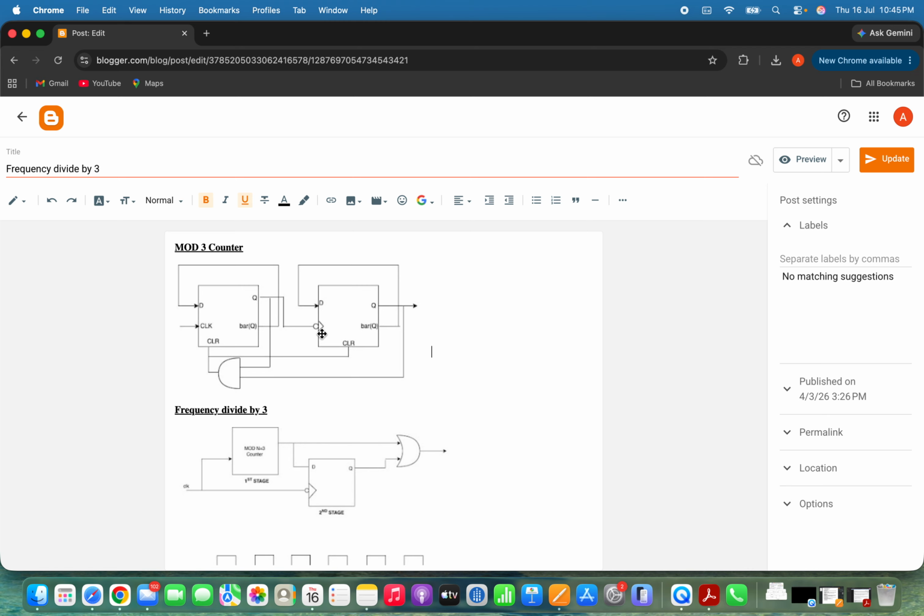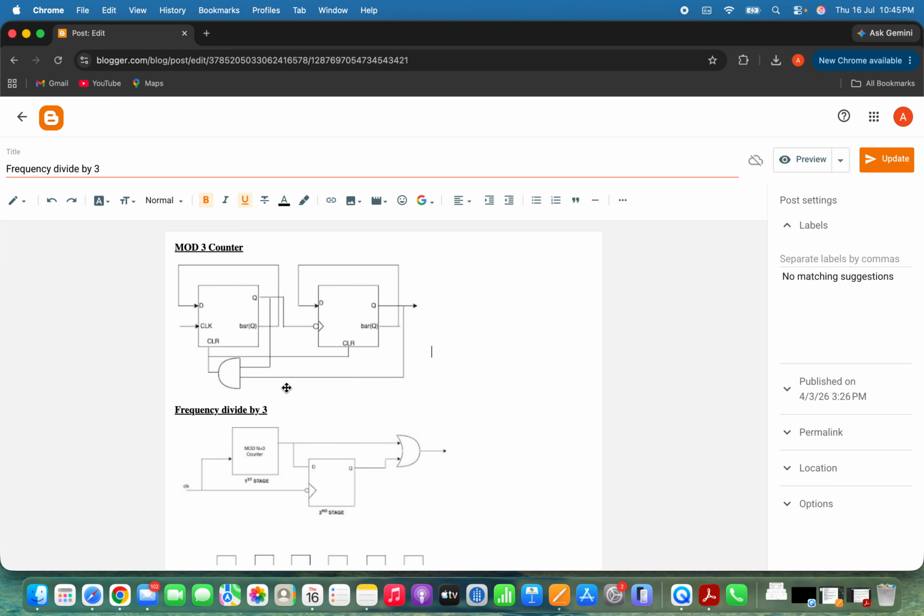Since the second flip-flop is clocked by the output of the first flip-flop rather than the main clock, these flip-flops operate asynchronously. The additional logic here, consisting of an AND gate, monitors the counter state. When the count reaches 3, the AND gate activates the clear input, resetting both flip-flops back to 0. This is why the circuit is called a mod 3 counter.